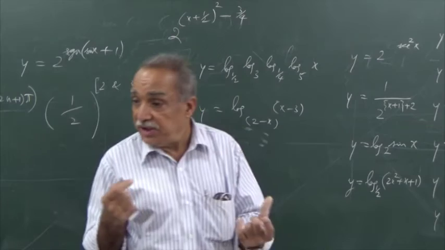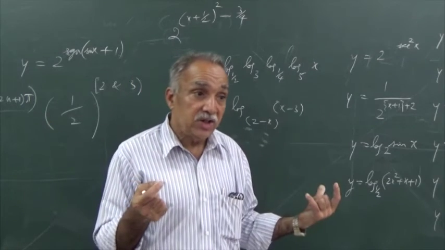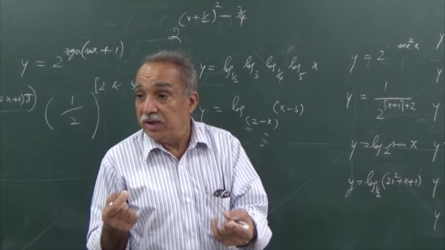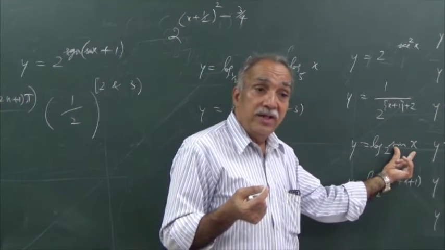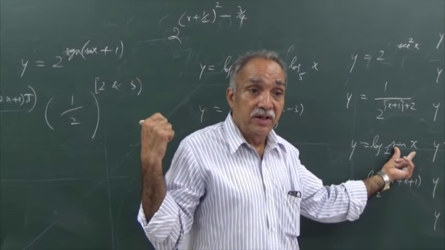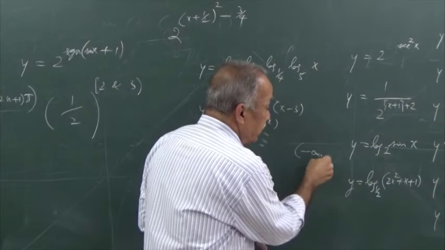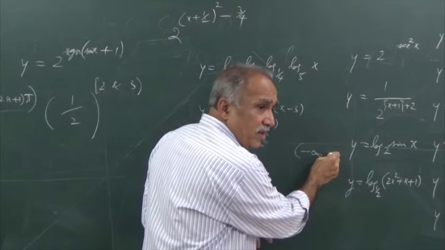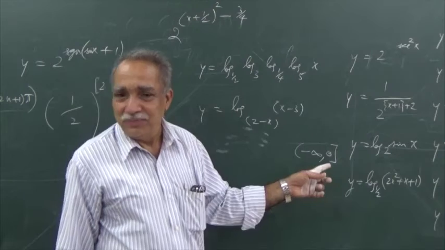So, range becomes interval with the endpoints minus infinity and 0, open at minus infinity. What about right hand point? Can this be equal to 1? Yes, can be 1. Pi by 2 is retained in our interval. Agreed? So, what are you getting? Minus infinity to 0. Close it at 0. Correct?